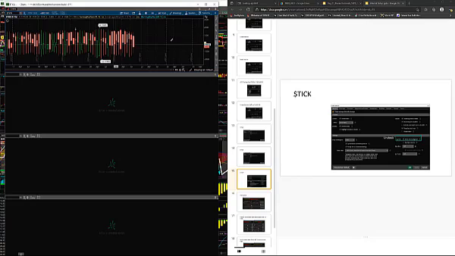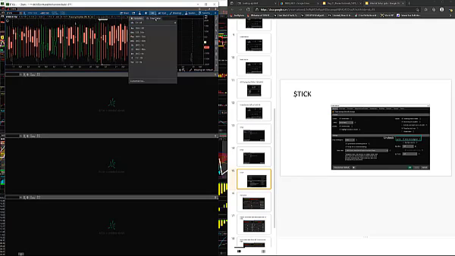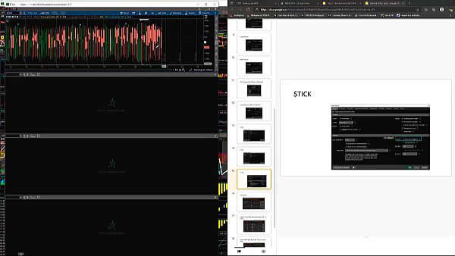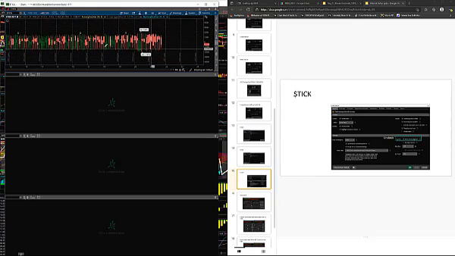Here in the past 2-3 years, let's go further out, 5 years, let's go 10 years. So here you can see in the past 5 years on these monthly candles that the ticks trade within a range.